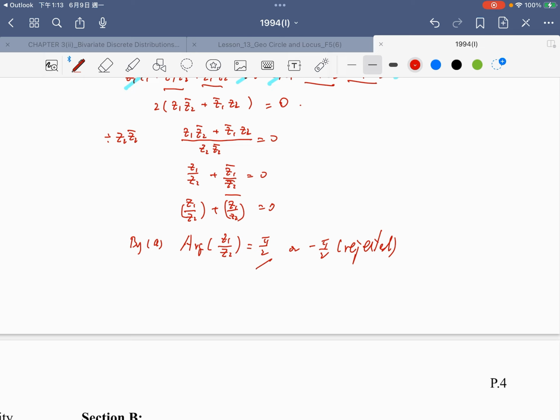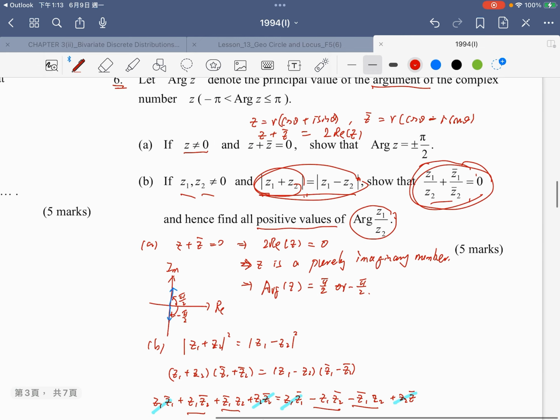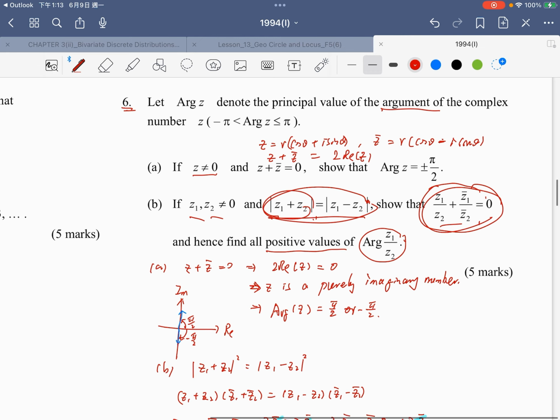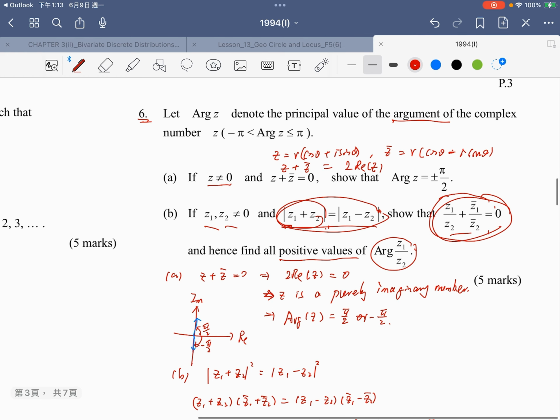Okay, this is the answer of this question. Okay, that's number 6. Hong Kong A-level pure maths, the year 1994, paper 1.